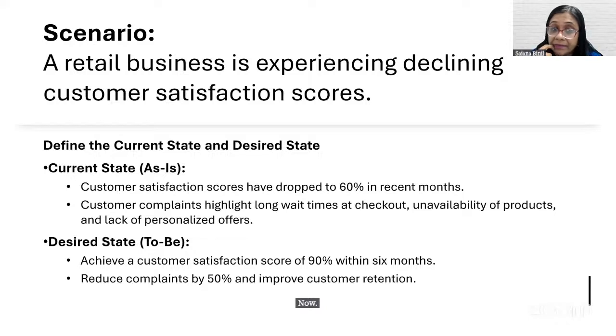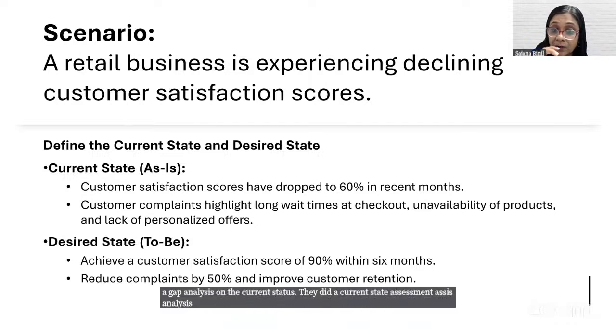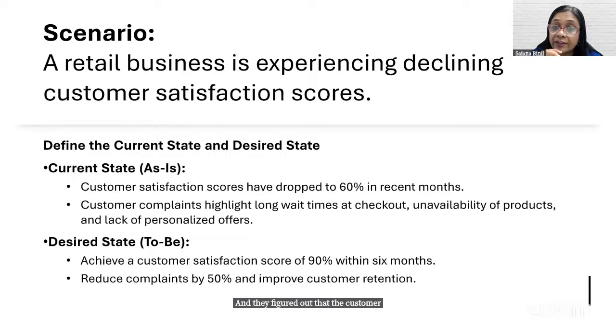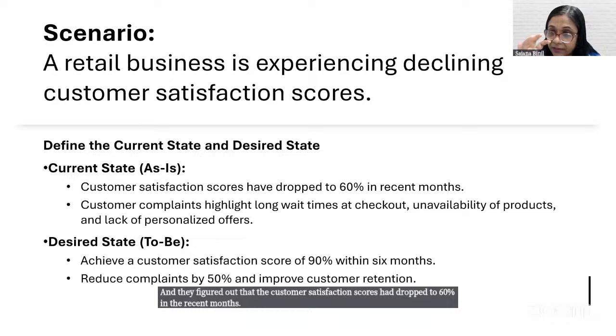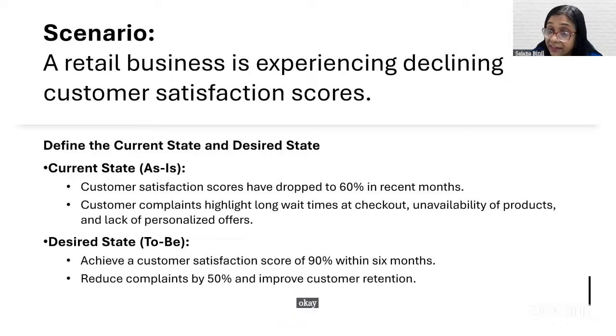Now, the analysts came and performed a gap analysis on the current status. They did a current state assessment, and they figured out that the customer satisfaction scores had dropped to 60% in the recent months. Okay, the drop was significant. Now, customer complaints involved long wait times, unavailability of products, and lack of personalized offers.